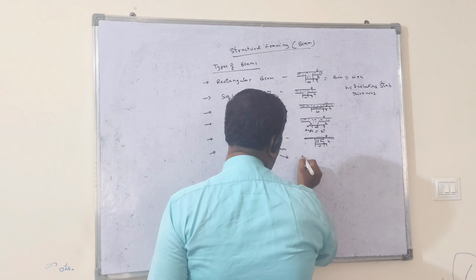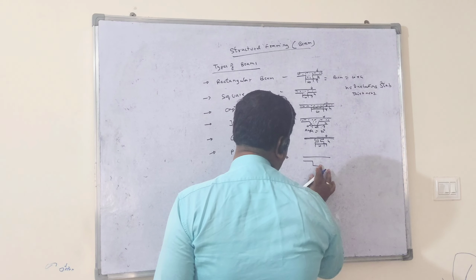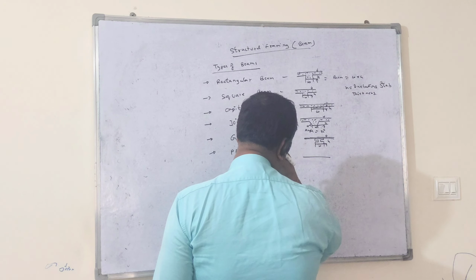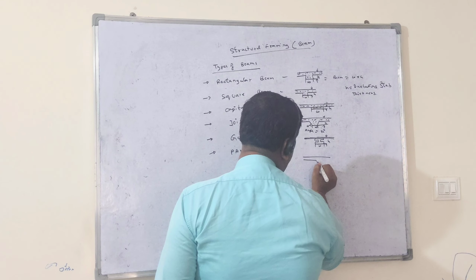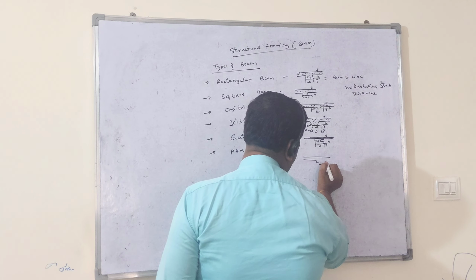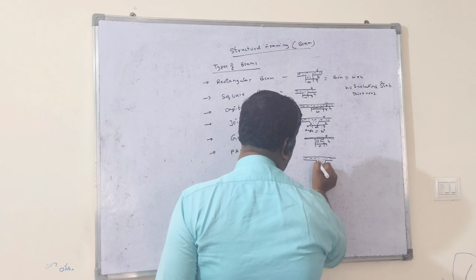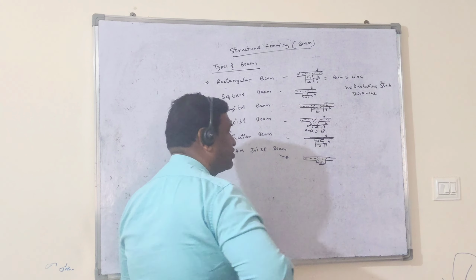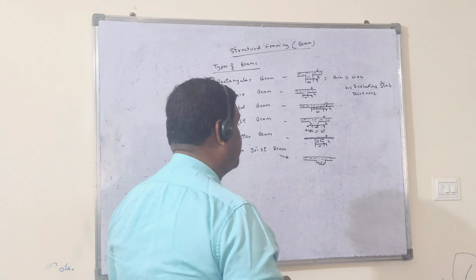And one more, there is the pan joist. The beam comes like that, with a small angle again, and this way it is considered. This type of beam we call a pan joist beam. Two steps will be there. This type of beam is also considered.